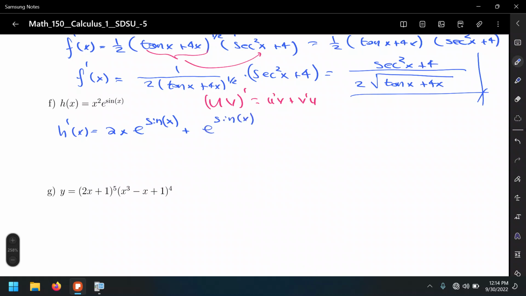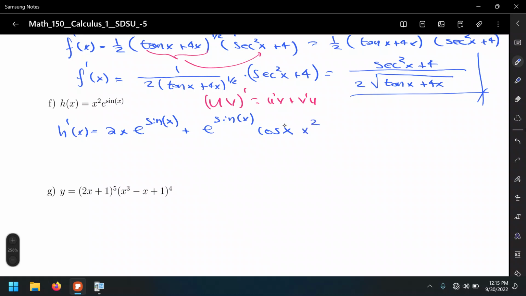But because this is a composite function, we should differentiate whatever we have in the exponent. What's the derivative of the exponent? Cosine. But the story doesn't end here because that's only the v prime. We still need to multiply by our u, right?